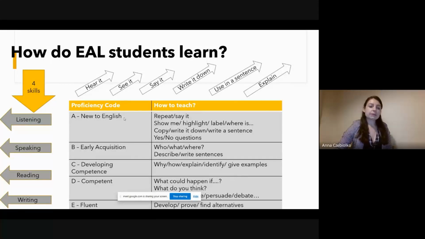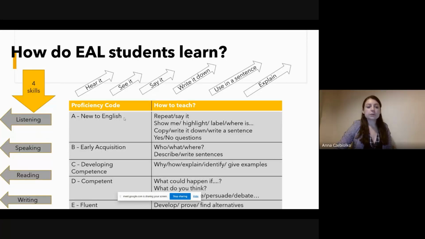Depending on the level, and I've used the Bell Foundation scale to present different levels here, depending on students' level, they will be learning different styles. They will be needing different types of questions. They will be able to present work at different levels.